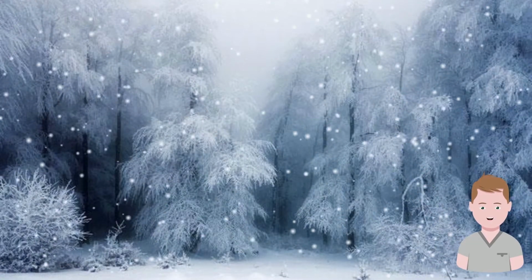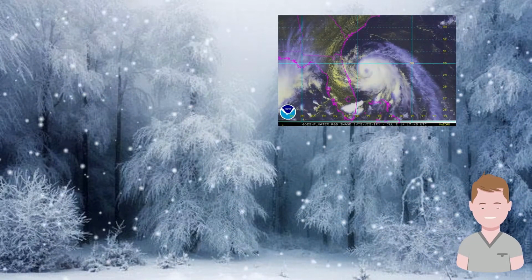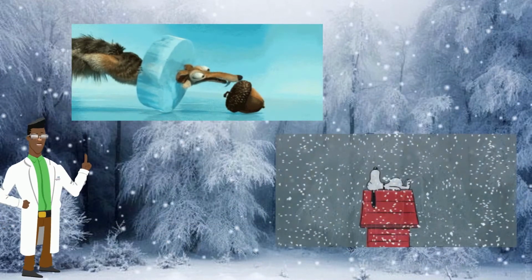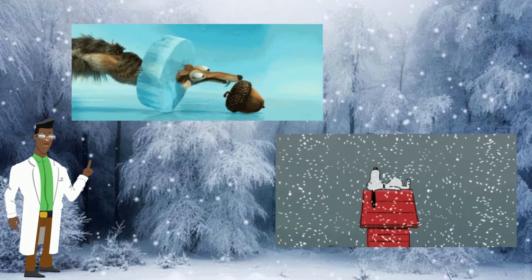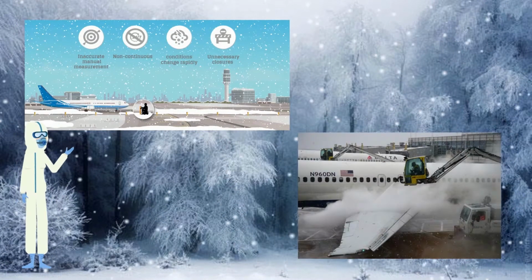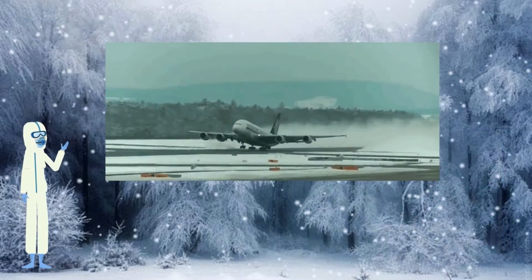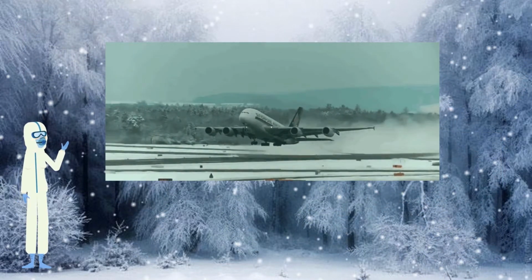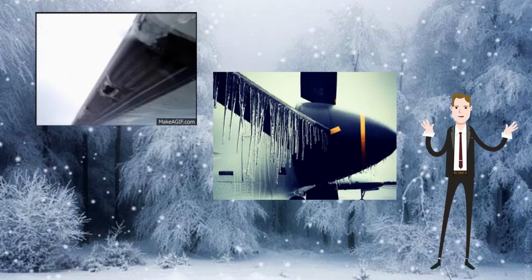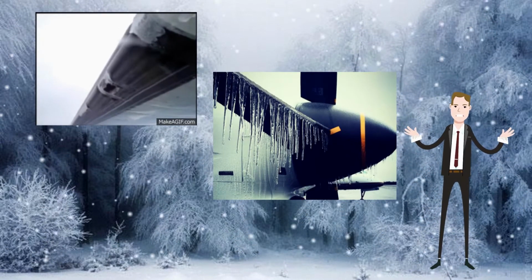Ice and snow can be categorized as a weather hazard to aircraft operation. Ice and snow occur in North America every year. Ice and snow can be a hazard to aircraft operation and performance because even a small amount of icing can affect the flight control surfaces of the aircraft.